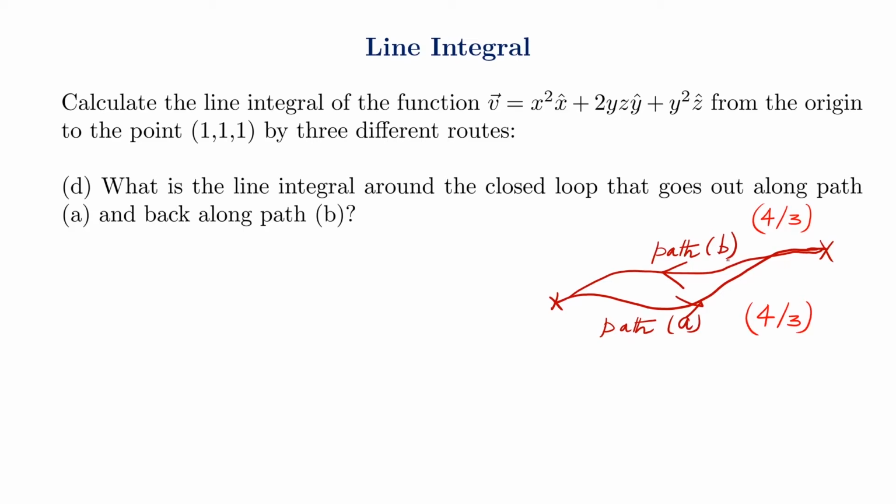So since it is a return path, along path B it will be equal to negative 4 by 3. So the total line integral will be equal to 4 divided by 3 minus 4 divided by 3, and that will be equal to 0.